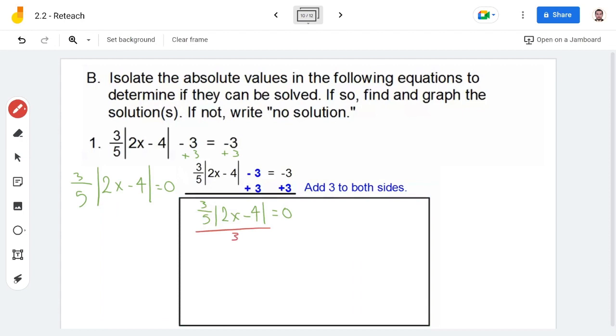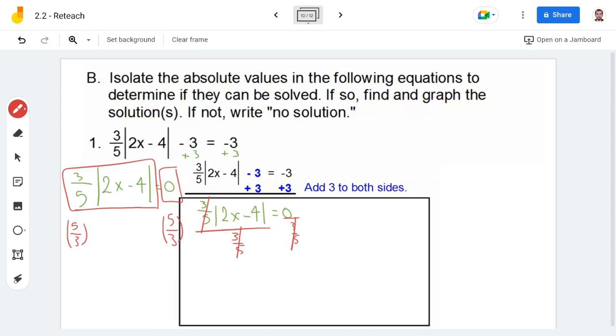You can divide by 3 over 5 for both sides, which you can cancel. Or you can multiply by 5 over 3 on this side, and on the other side you also multiply by 5 over 3. Do the same to both sides.